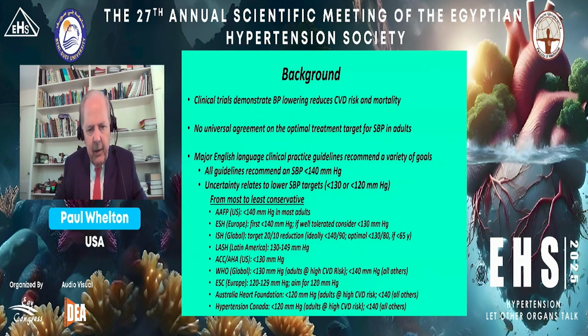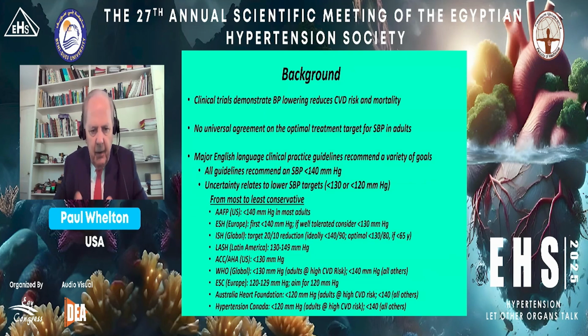And guidelines vary from being the most to the least conservative. The most conservative English language guideline is the Family Practice Guideline in the US. It says less than 140 in most adults. They would say in adults with hypertension who've had a stroke or TIA, 135 is appropriate.